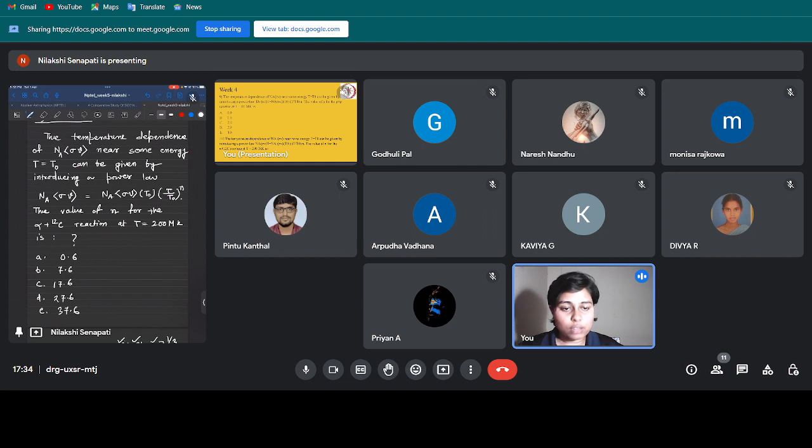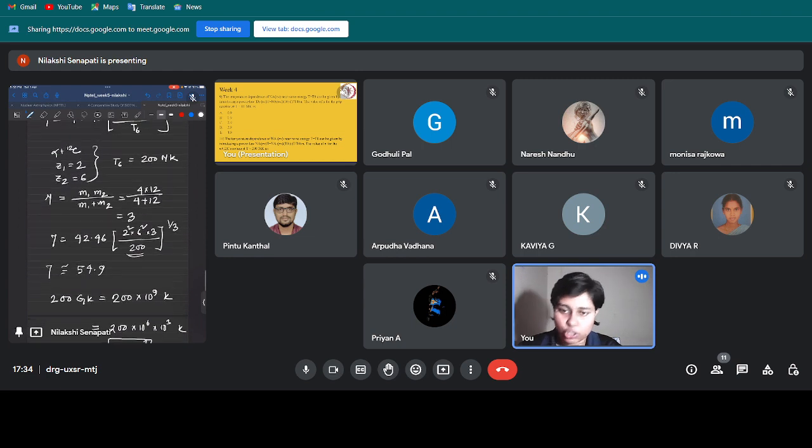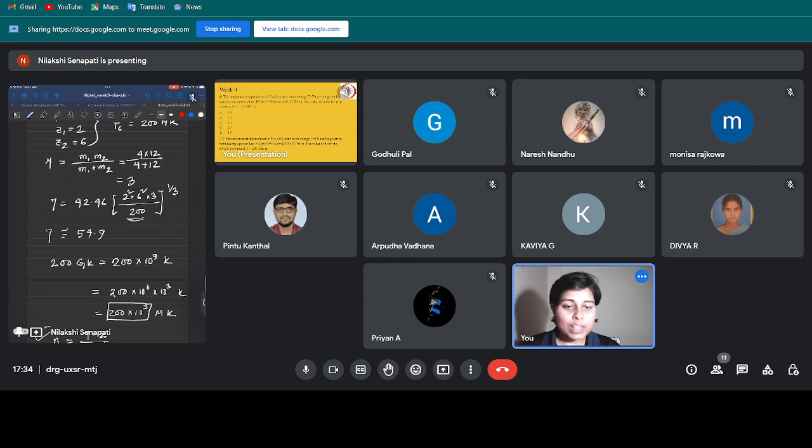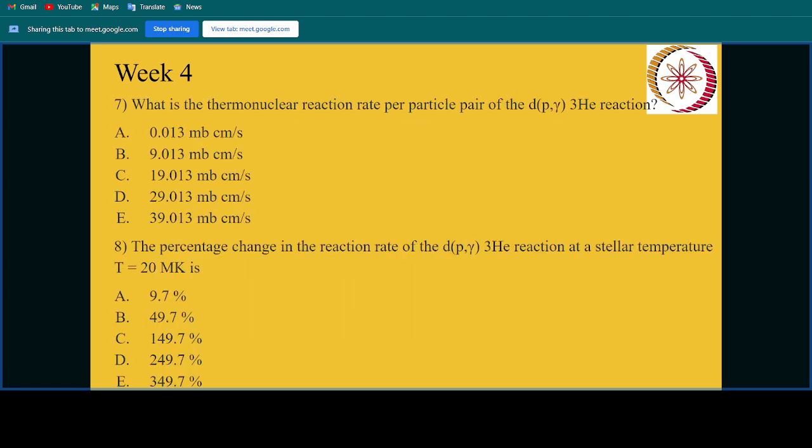So now you have solved for n, and this is the way you will solve this type of question. These types of questions are very important for your end-term exam. There was also another similar question that I discussed on the previous day, question 9. Now I think everybody can understand and solve this type of question.